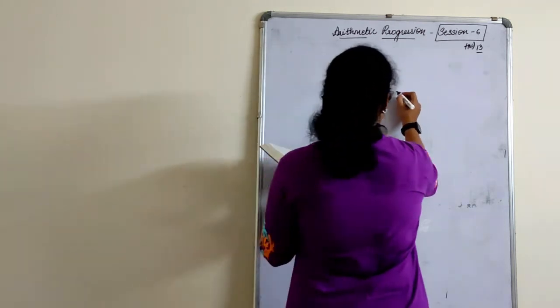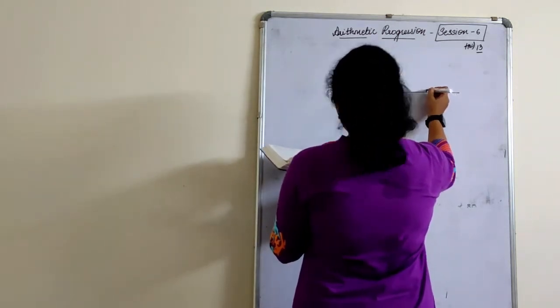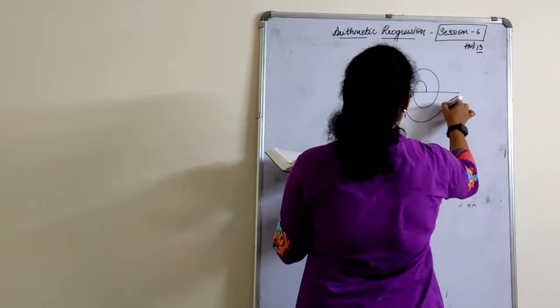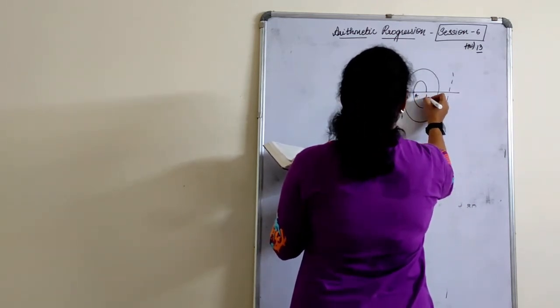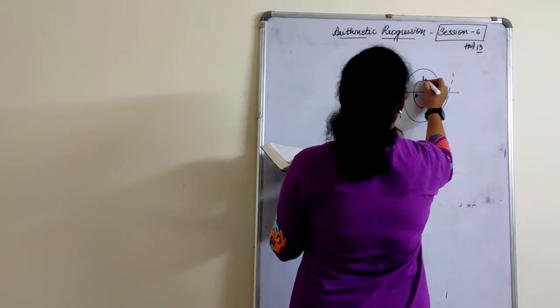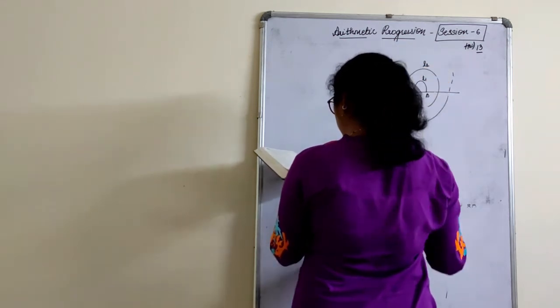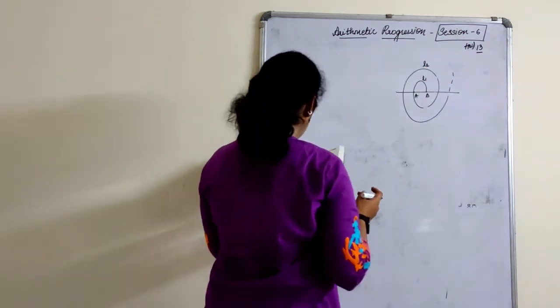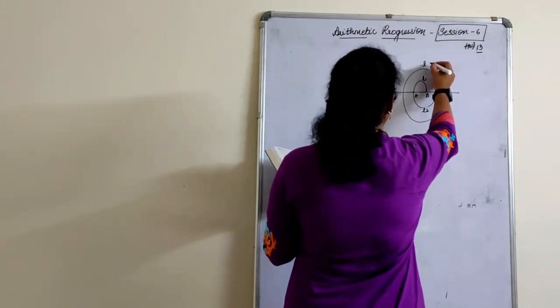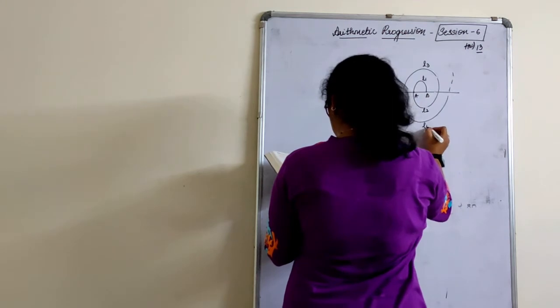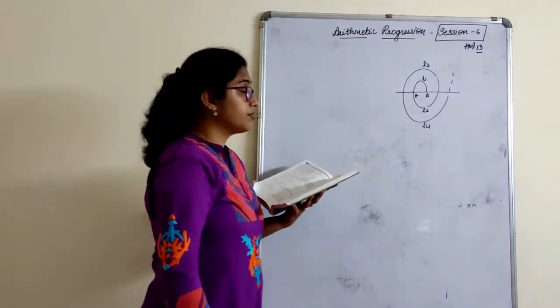So the figure given is something like this. One point is A and another point is B. Let us consider this is L1, this is L2, this is L3 and this is L4. This goes on.